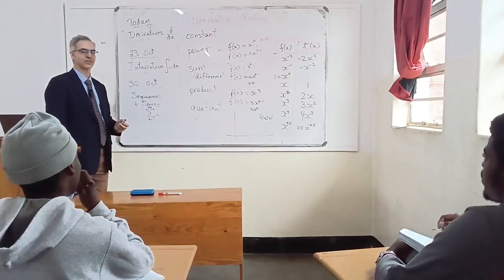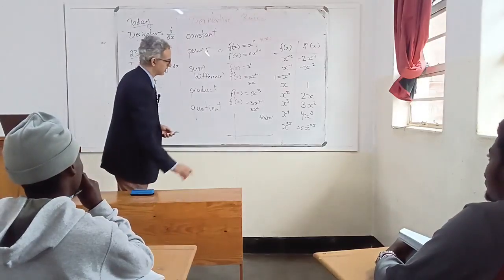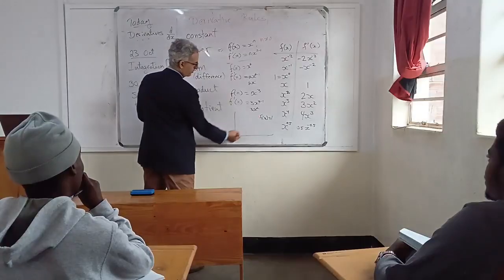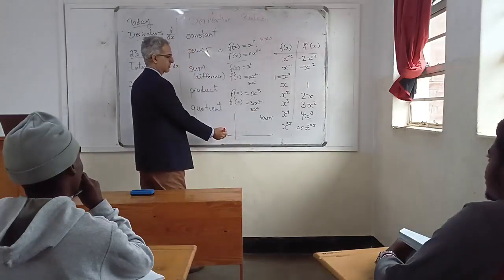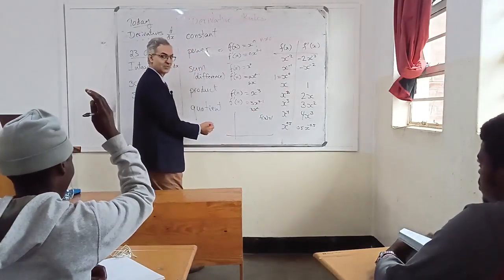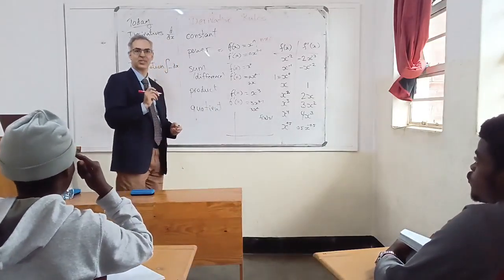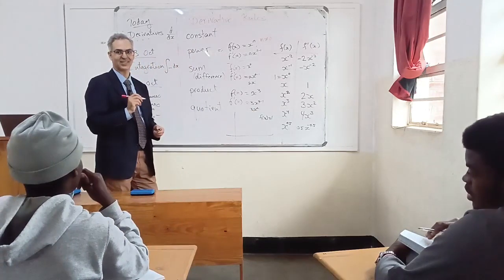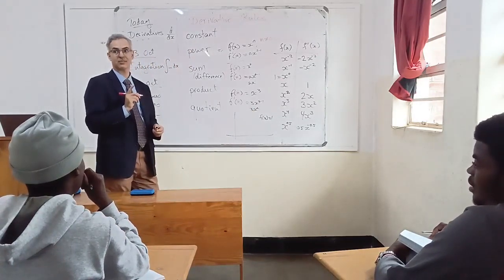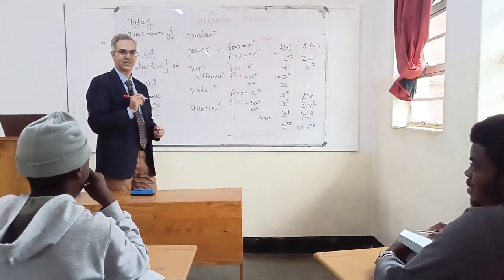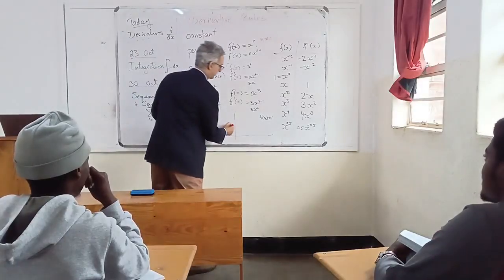It's a straight line. Is it an angled straight line? No. It's vertical? A vertical line, can a vertical line be a function? A vertical line cannot be a function. Remember? This is a horizontal line.